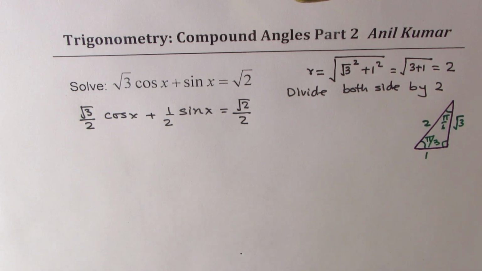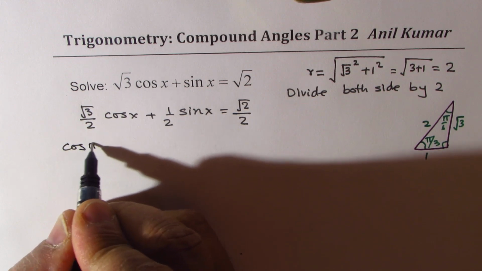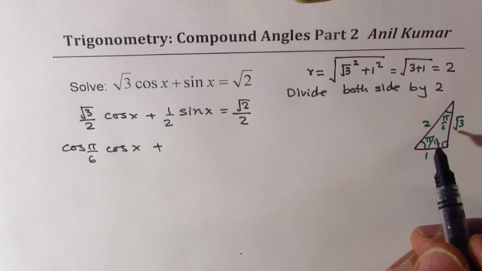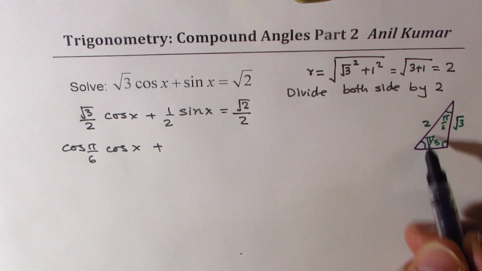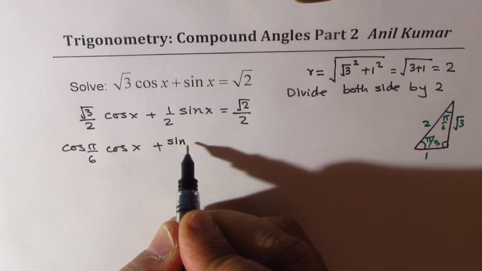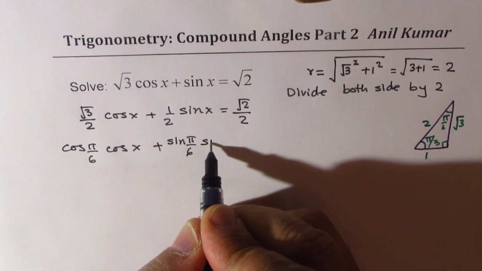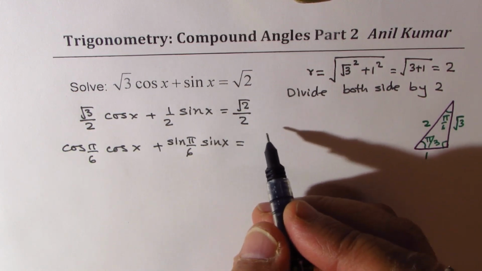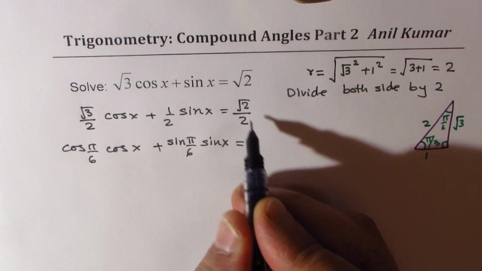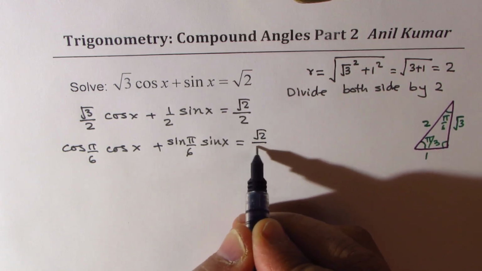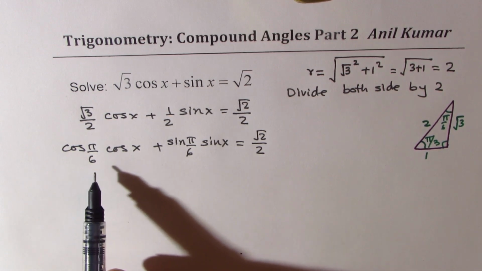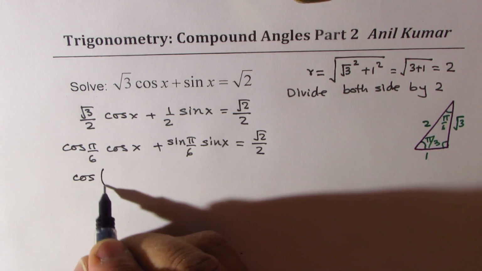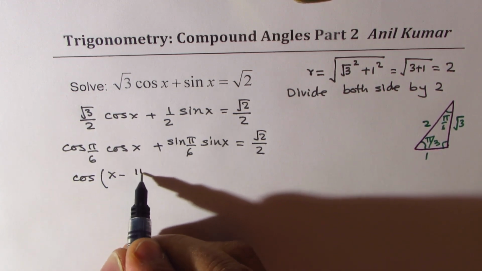So I'm replacing this with cos of pi by 6 times cos x plus. Now here, sin of pi by 6 is 1 over 2. Do you see that part? So we get sin of pi by 6 times sin x equals 1 over square root 2, or you could even write square root 2 over 2. Let's keep it as such. Now this reminds you of the cosine formula, which could be written as cos of x minus pi by 6.